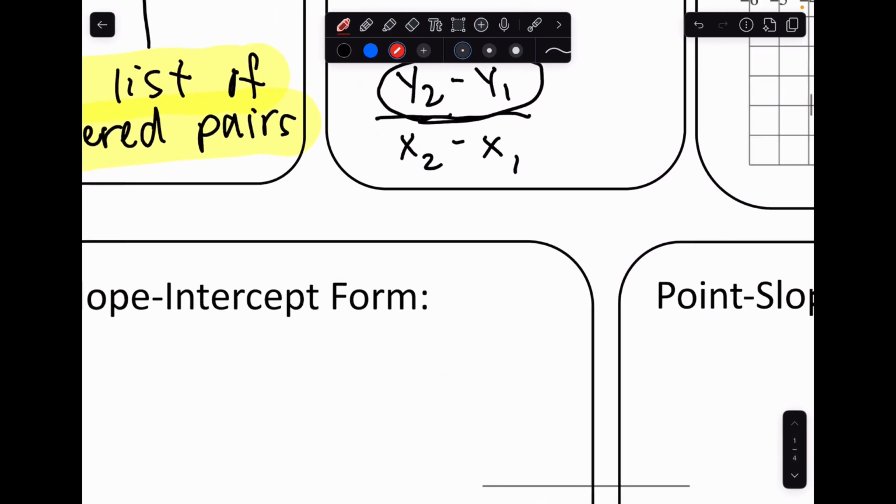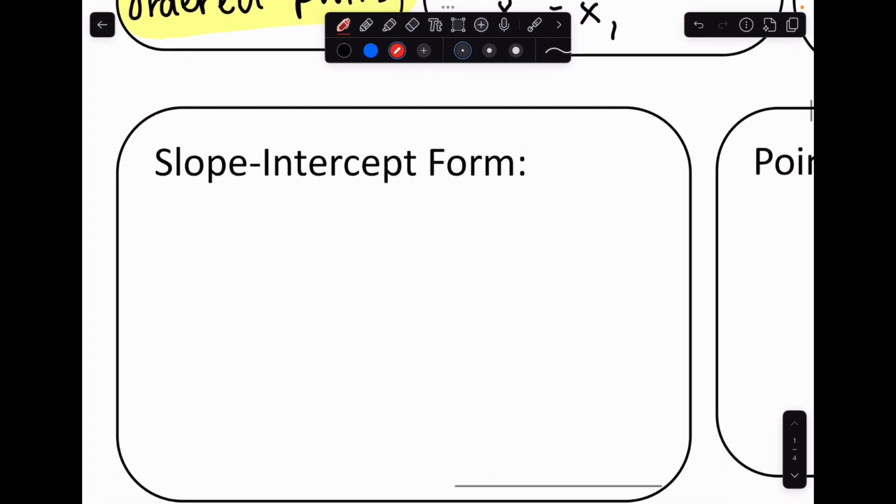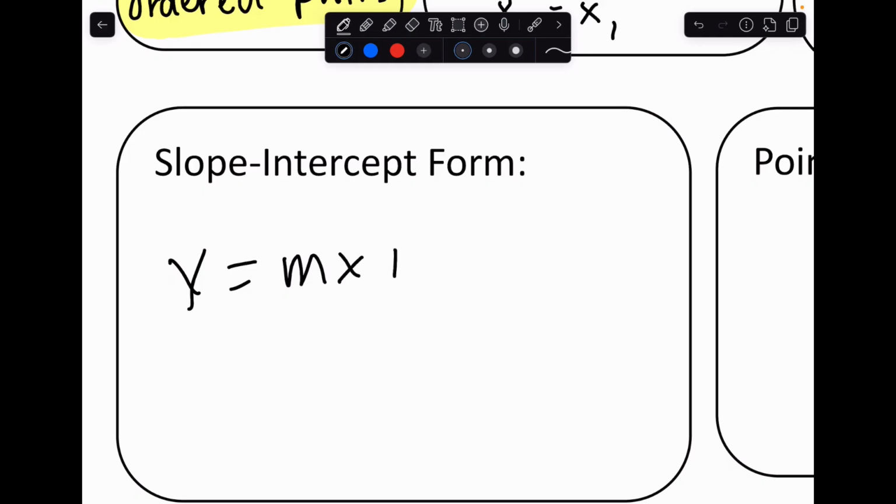Cool. All right, our slope-intercept form. Okay, don't forget slope-intercept just because we started something else. We have y equals mx plus b. Now, we always know that our m is our slope. Okay, so let's write ourselves a reminder. Slope.